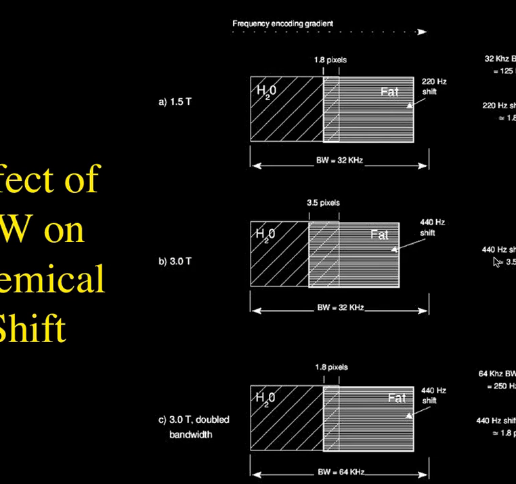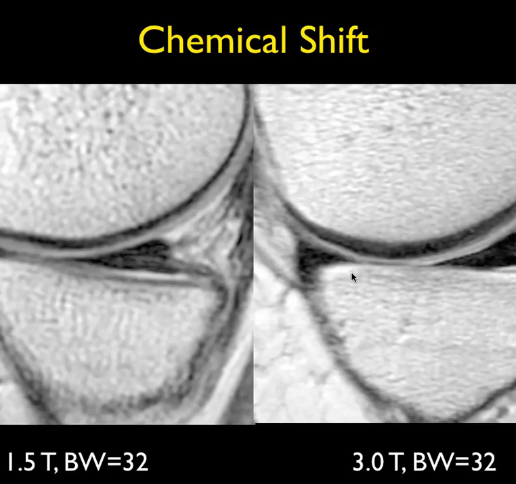Now, if all of your frequency encoding is the same, then what you get is double the chemical shift artifact if you go from 1.5 to 3. And here's just an example. Here's the same individual, the same knee, first imaged in a 1.5T scanner, and then imaged in a 3T scanner.